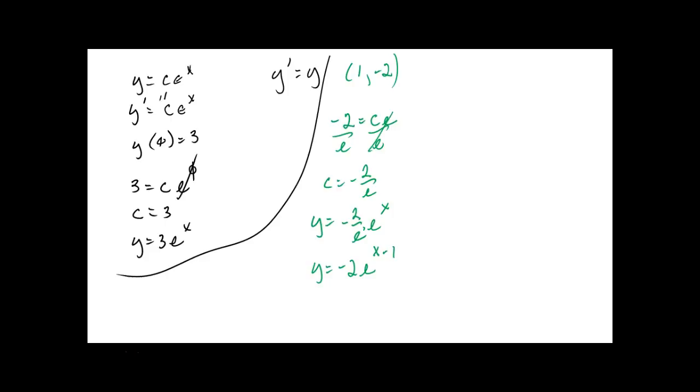This is y is equal to 3e to the x. You now stretched it up to 3. On this one, what you've done is moved the x one place to the right and stretched it vertically. You've reflected across the x-axis and stretched it vertically. So now it's going down this way, and stretched vertically by 2.